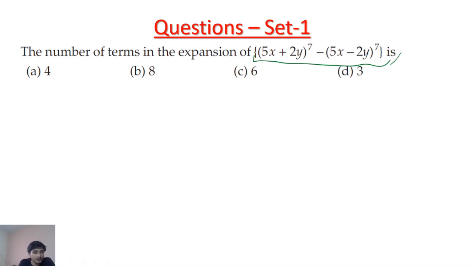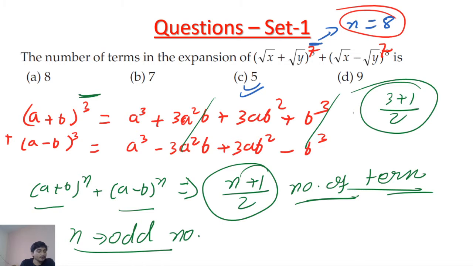Good. Okay, so see, if you want to find, you can directly go back into this. Whenever n is an odd number, the same number of terms will be there for the negative also. Understood?